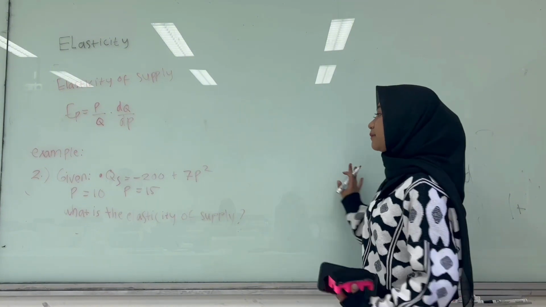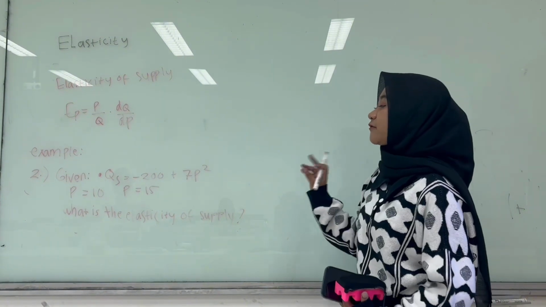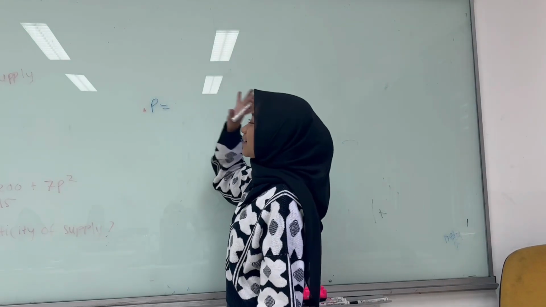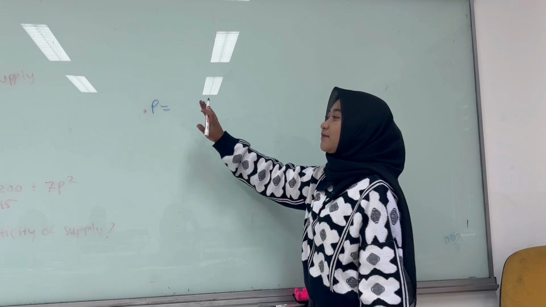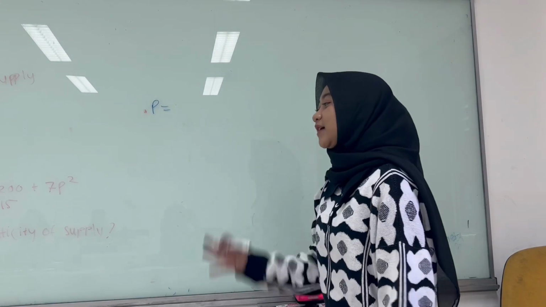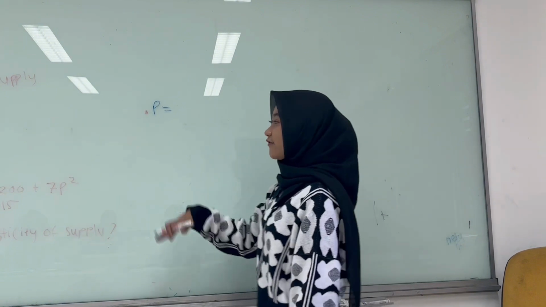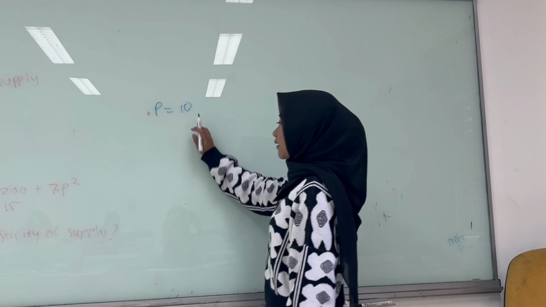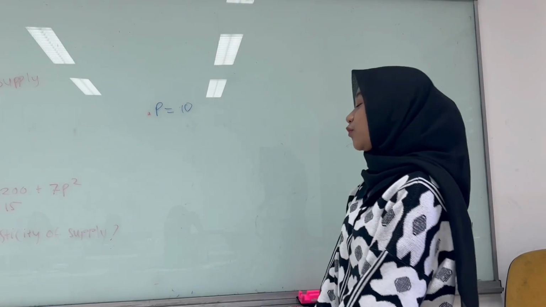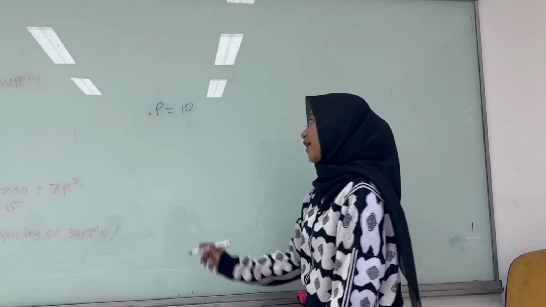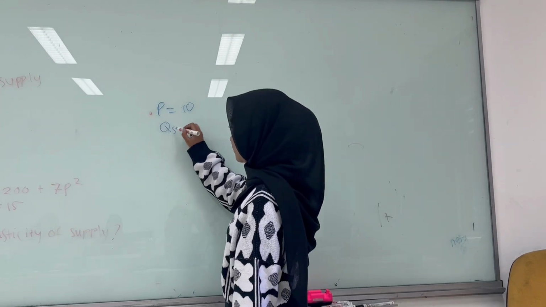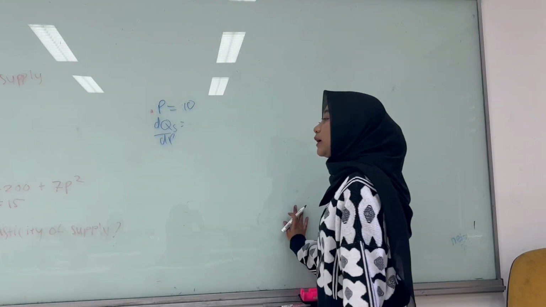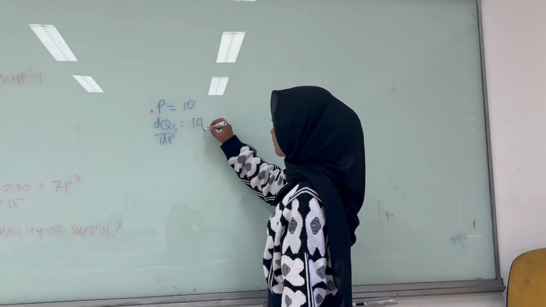The first step is we should find the first derivative of Q. First we find the elasticity of supply if the price is equal to 10. The first derivative of QS is 14p.